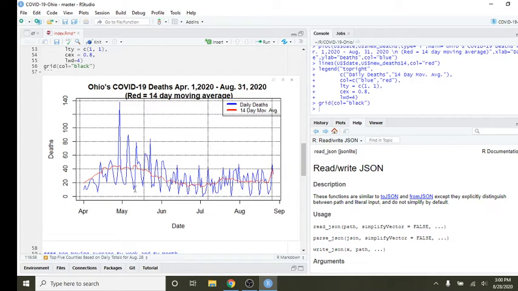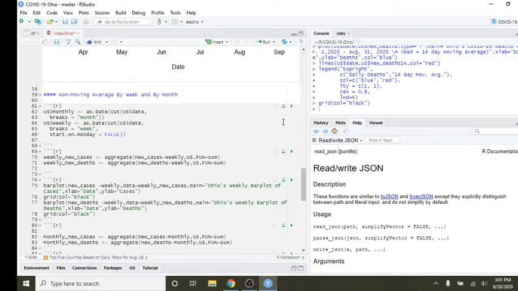As you can see, deaths are remaining flat, within a high range of say 40, from about June on, which is encouraging. We're in the process of having a huge spike over here, but yet the deaths are staying low. The 14-day moving average has spiked up here, but we'll have to wait and see what happens in the next couple of days.